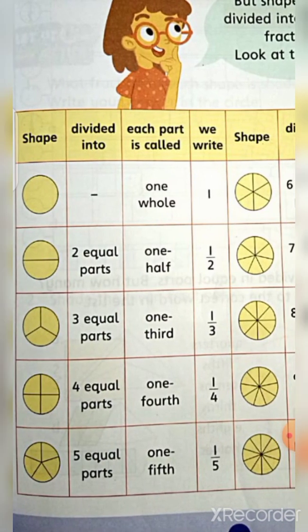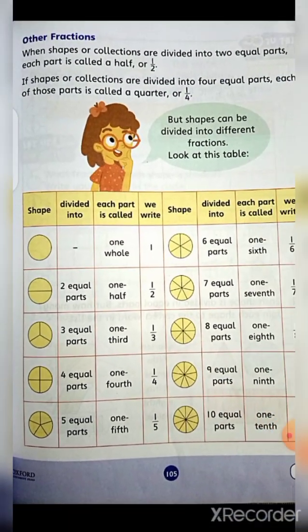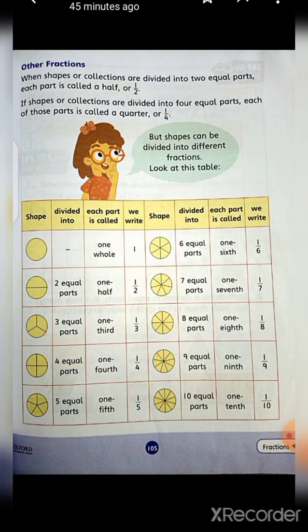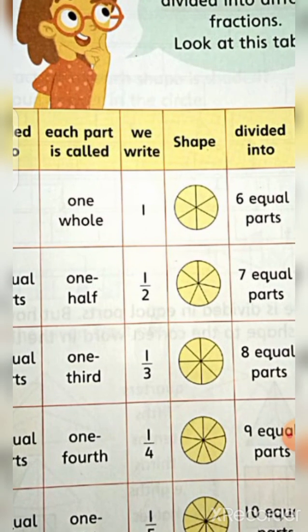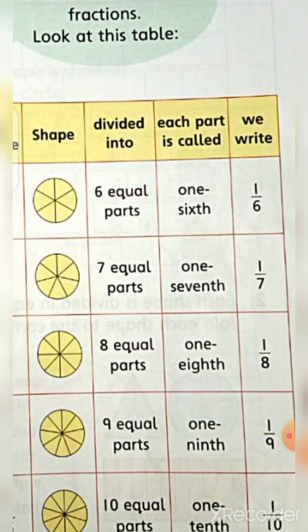Try to understand this. It will help you with ascending and descending order in the next videos. 1 over 2 is the greater part and 1 over 10 is smaller. In the same way, 1 over 3 is greater and 1 over 8 is smaller. This is bigger and this one is smaller. I hope you understood this.